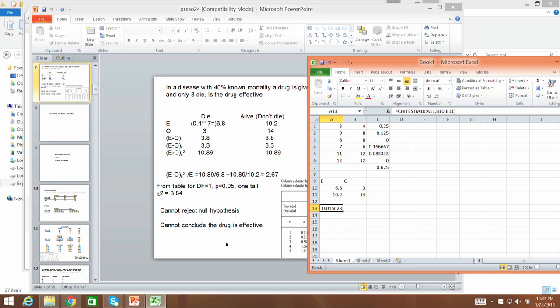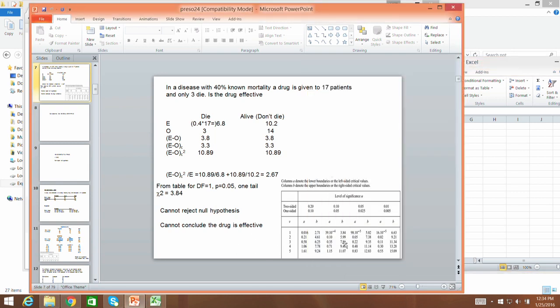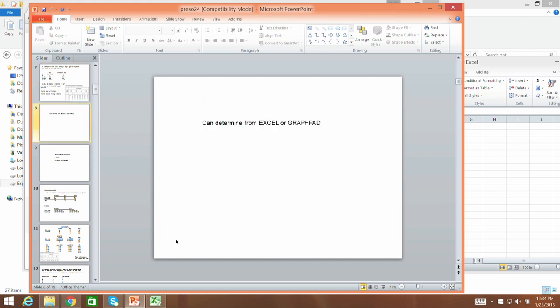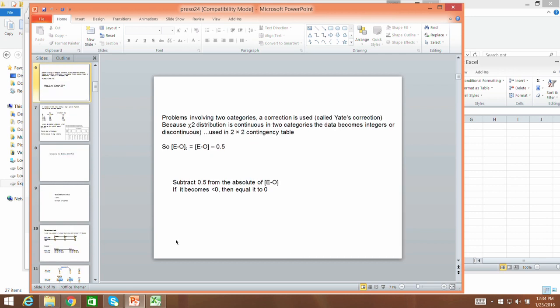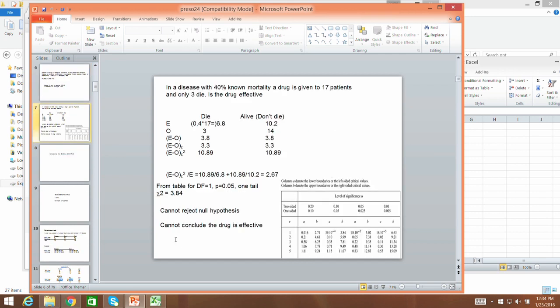So it gives you 0.015 if you give this and this. If you take it as a 95% two sided, then you get 0.05. We can also do it using GraphPad, we can perform these calculations using this type of tool.